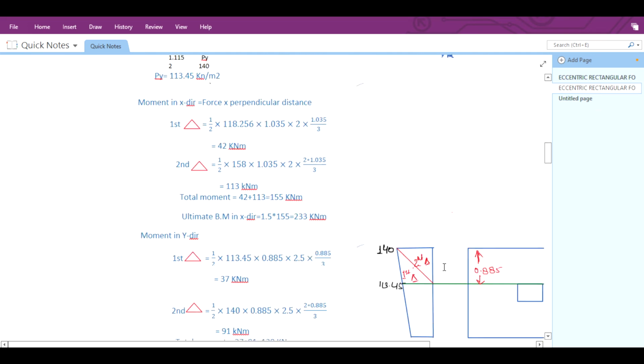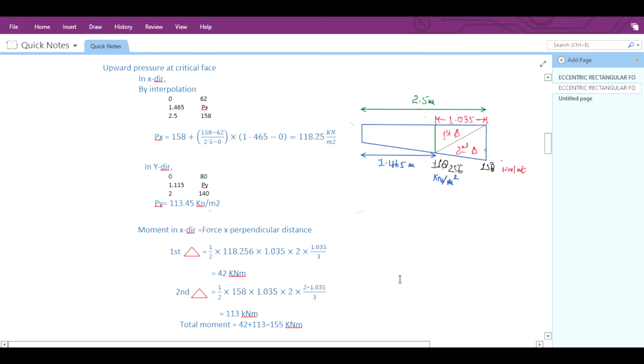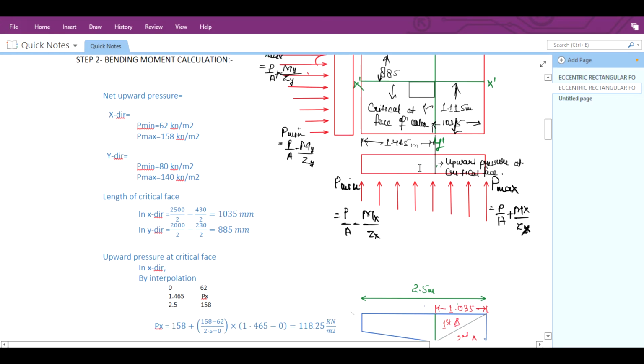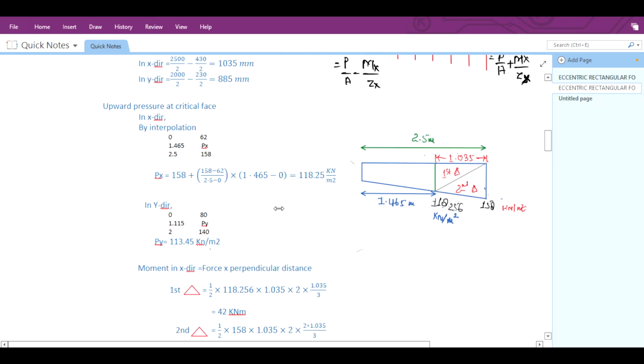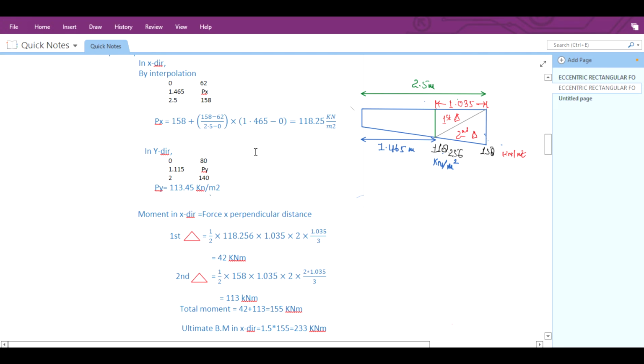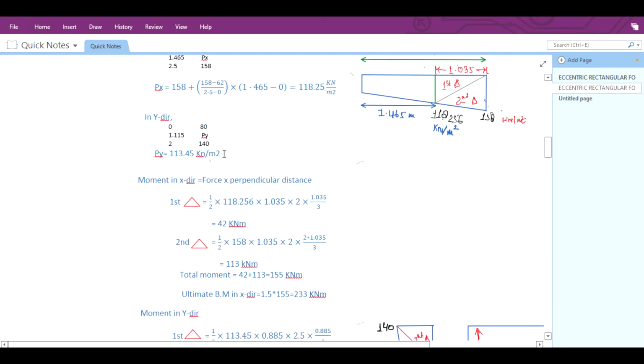So at 1.115 from here to here, it will come as 113.45 kilonewton per meter square. You can do the interpolation by the same method.